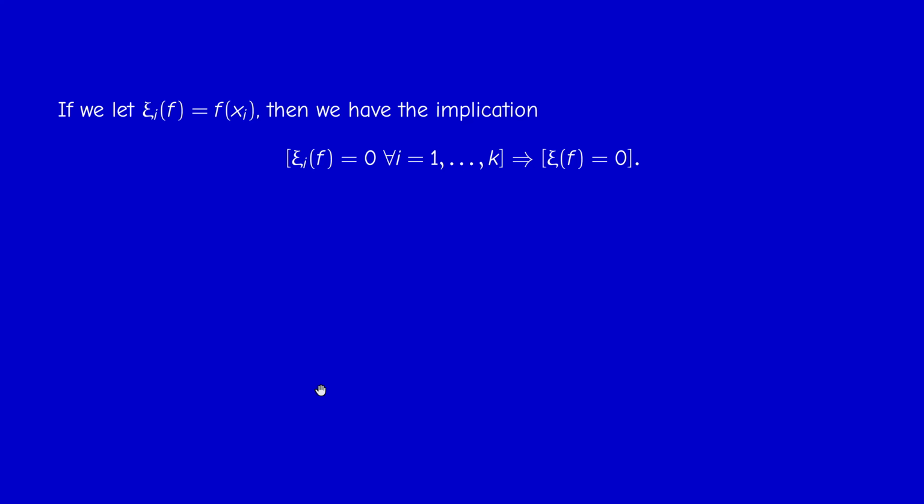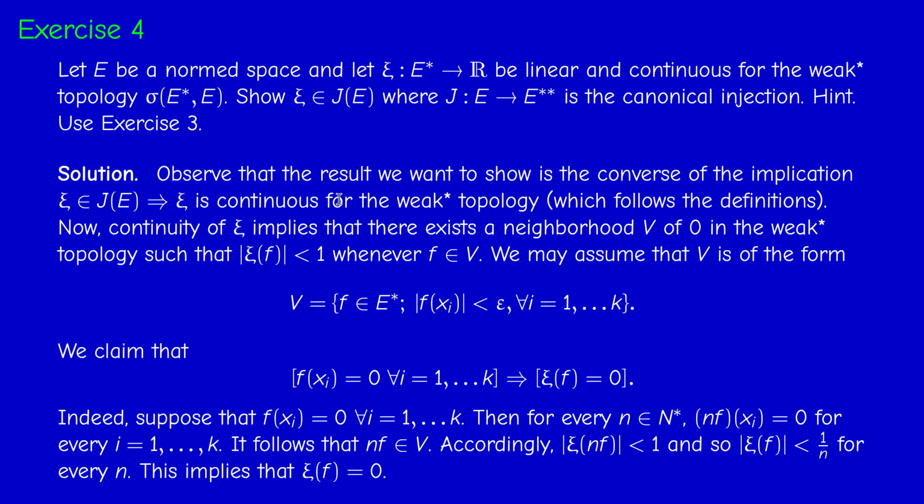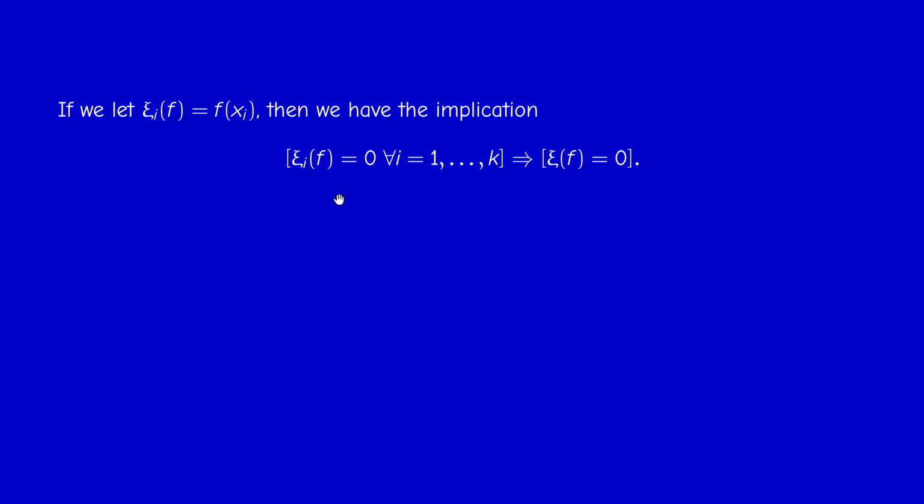It's the same thing, but I call it xi i. It doesn't matter. But it's really J xi of f. This term is actually not only linear in xi, it's linear in f.